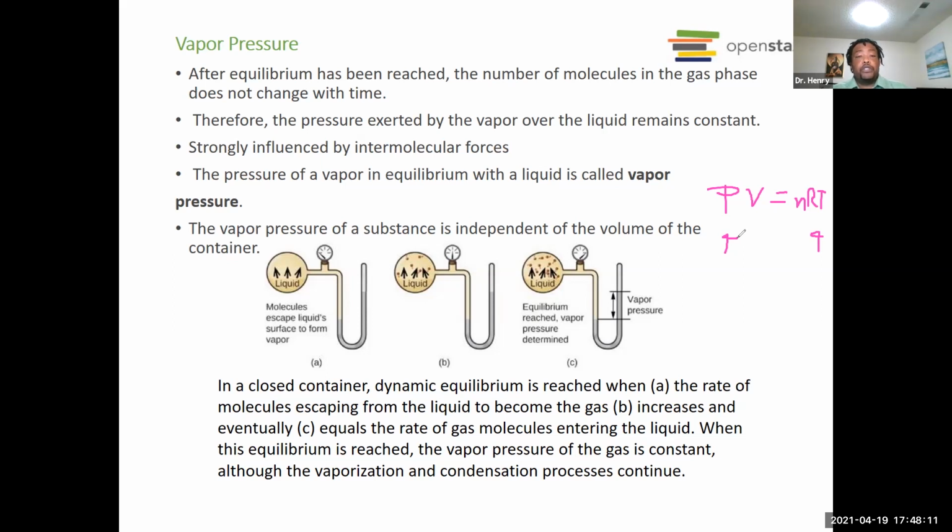So a lot of those molecules are going to be moving and releasing from the liquid, right? But again, if it's held at a constant temperature, you're going to have a constant pressure associated. Does that make sense? Or is it just like a black box?